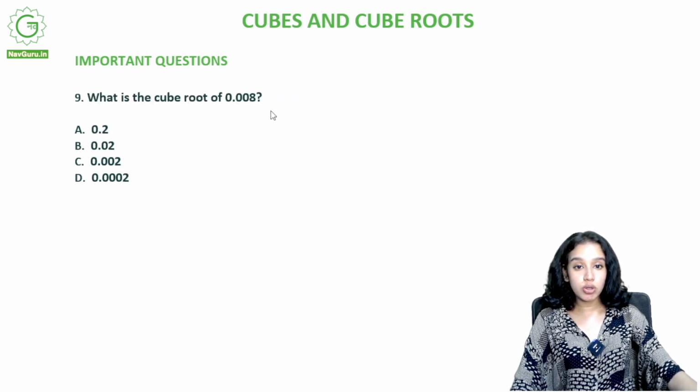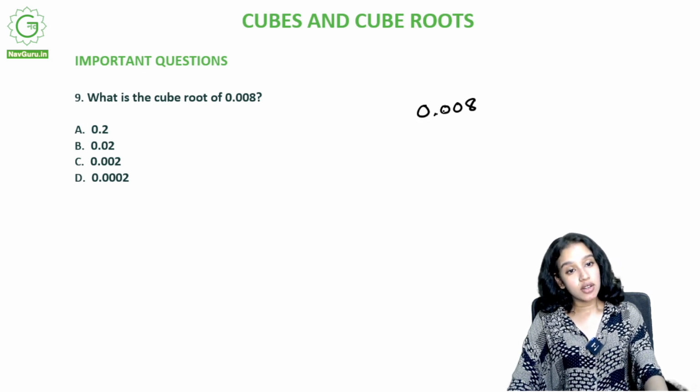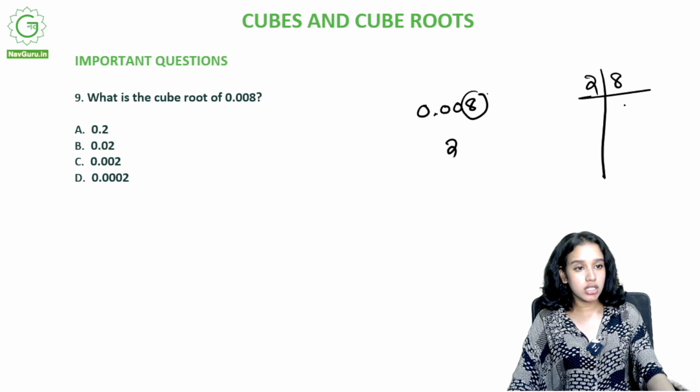What is the cube root of 0.008? So we have 0.008. We just ignore the decimal point and find the cube root of 8 here, which is 2. We could do it by prime factorization if you want: 4, 2, 2, 2 and 1.